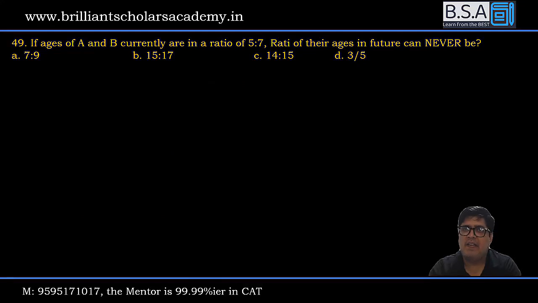If the ages of A and B currently are in the ratio of 5/7, the ratio of their ages in future can never be, will never be.